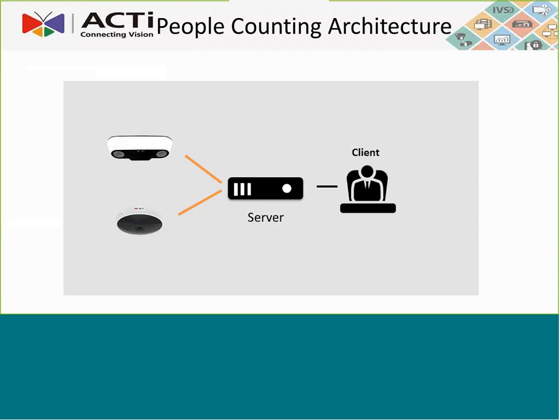The architecture is very simple, depending on what camera you are using and how big your stores are. For example, if it's just one store, you can use the camera, a 3D or a 2D depending on what you want, and a small computer that will have the software installed that will do the counting and the reports that you want, customized to your desires.